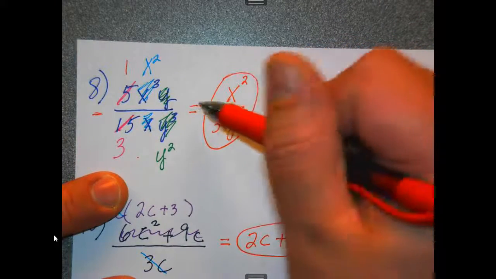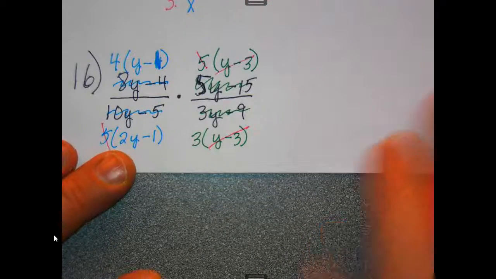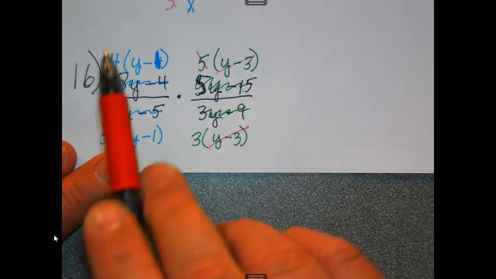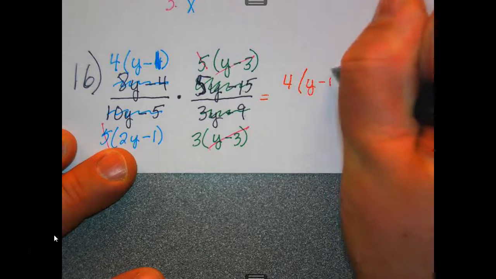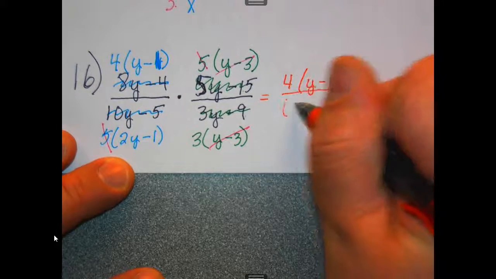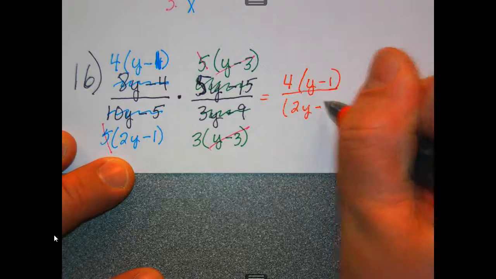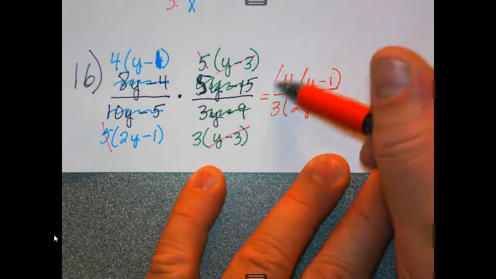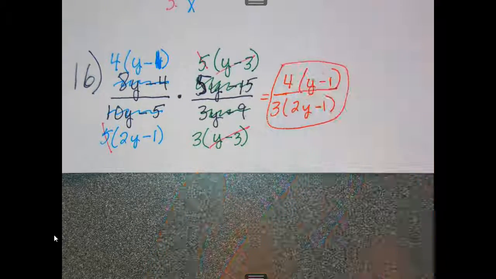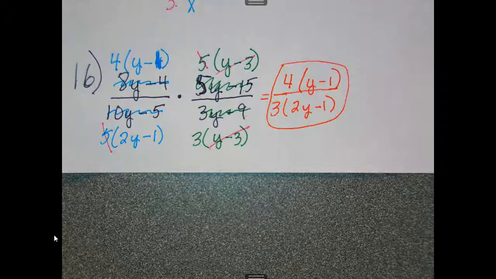Yeah, this should be negative, negative, and negative. 16, let's see, I've got 4 times y minus 1 over 2y minus 1. Oh, I got a 3 over here. Did I get everything? Hey, 18.